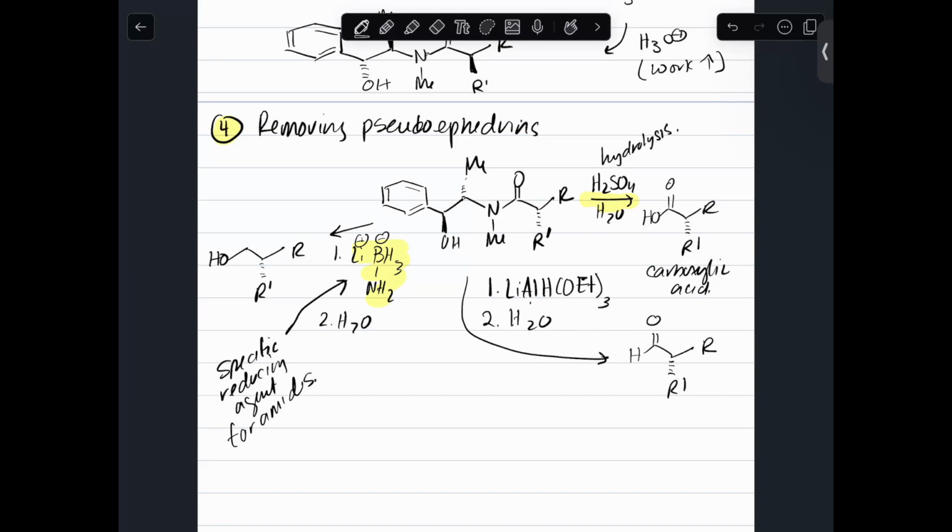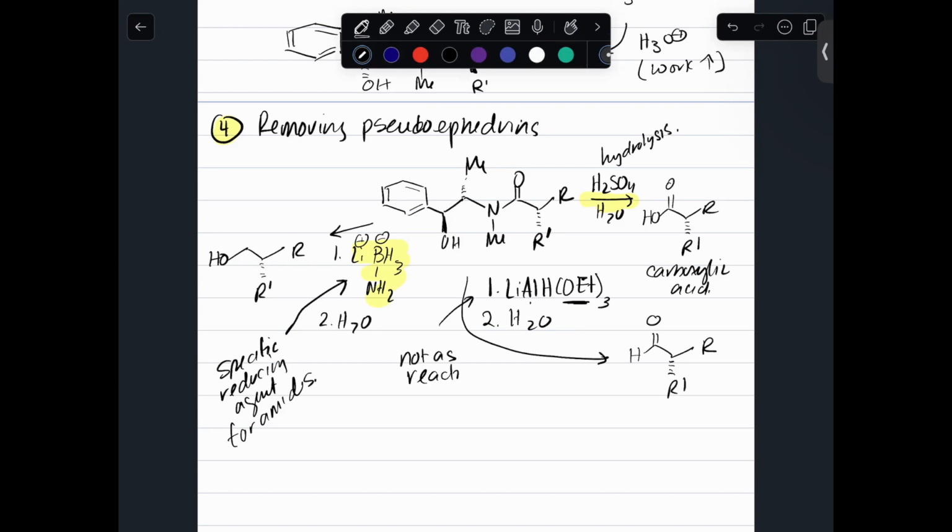This is lithium aluminum hydride reagent with ethoxy groups, and these bulky groups make it less reactive than lithium aluminum hydride. It doesn't reduce esters, it doesn't reduce carboxylic acids, so it's not as reactive as lithium aluminum hydride. So it doesn't work with everything. It only works with amides, and it reduces them to aldehydes, which is really nice. And it's got these bulky groups that it can only reduce once.